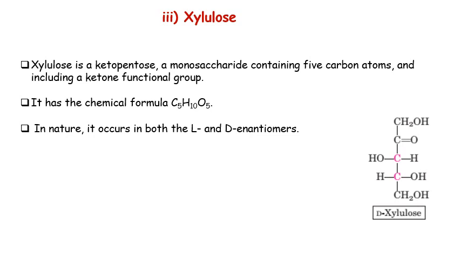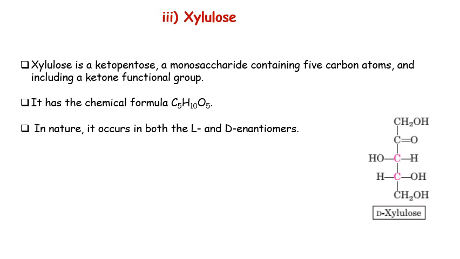The third carbohydrate that we will discuss is xylulose. Briefly, xylulose is a ketopentose, meaning it has 5 carbon atoms and a keto group instead of an aldehyde. So it is a monosaccharide containing 5 carbon atoms, including a ketone functional group in its formula. It has the chemical formula C5H10O5.